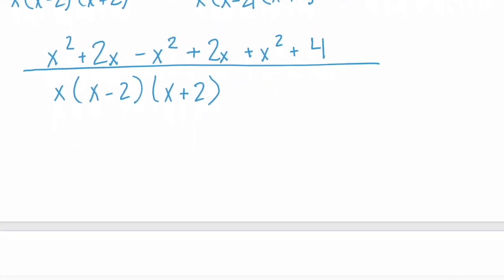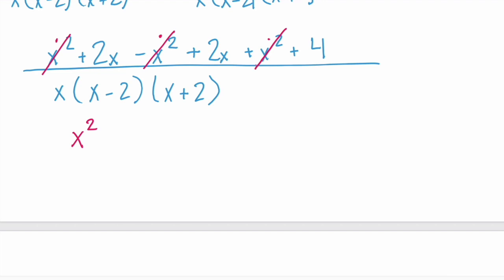Now we're going to look at this numerator that we have and start combining all of the like terms. So I prefer to start with the highest exponent, which is my x squared. So I have an x squared minus an x squared, so those will actually cancel each other out. And then I have a plus an x squared. So I know I'm going to have a positive x squared in the numerator.